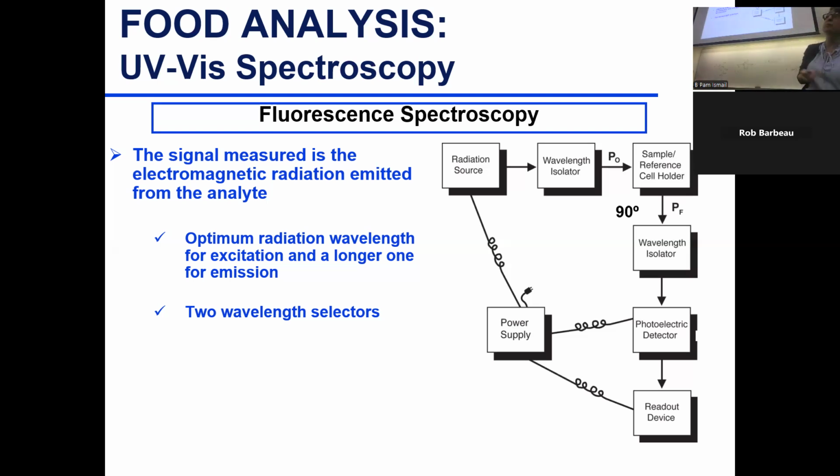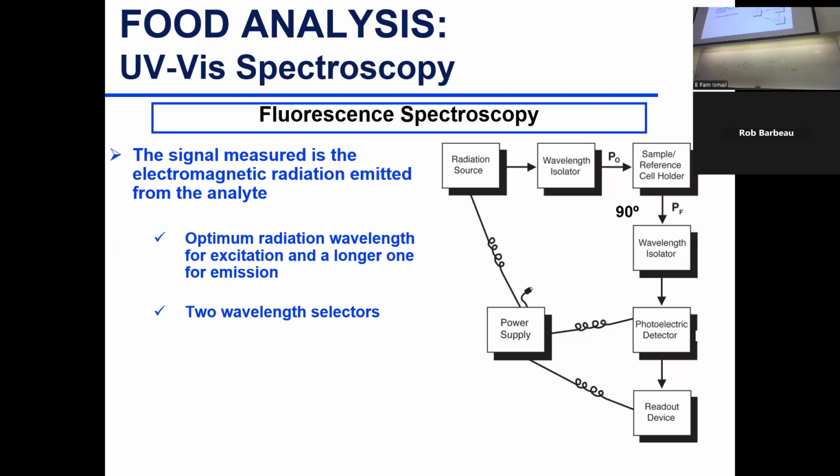We're not measuring absorption. So the emitted light is angled through mirrors to be perpendicular to another monochromator. Why? Because there are molecules there that might be absorbing the same wavelength and emitting other wavelengths within your sample.